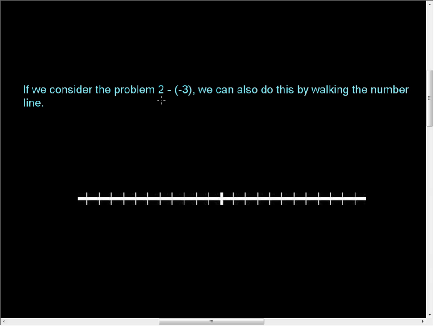We're going to start here. We're going to face this way. We're going to walk that way, and we're going to walk that far, so that many steps.